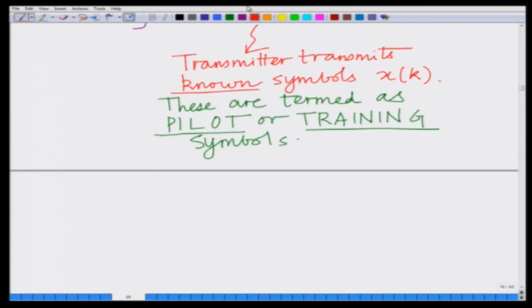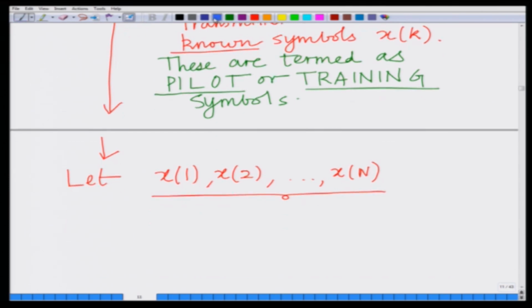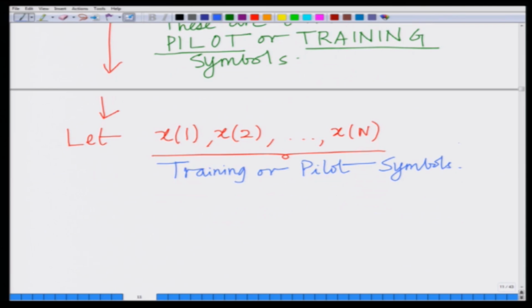So, at the receiver, what do we do? Let x1, x2, up to xn denote the training or pilot symbols, and let y1, y2, yn, corresponding to these training symbols, denote the corresponding output symbols.